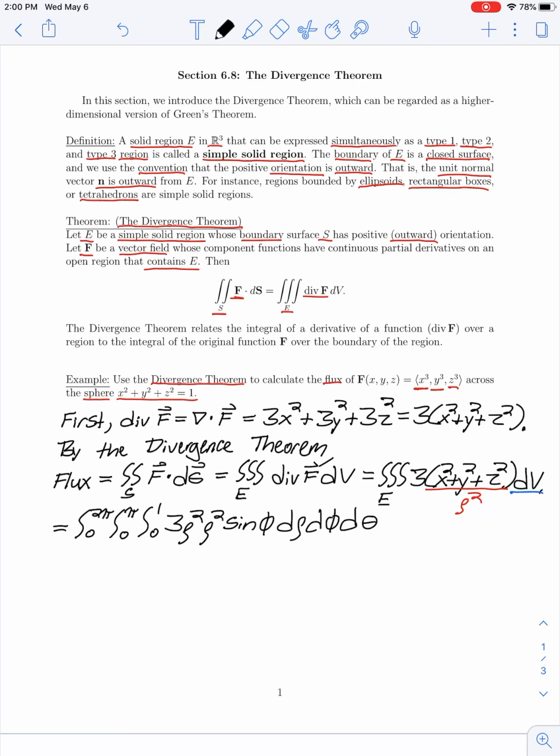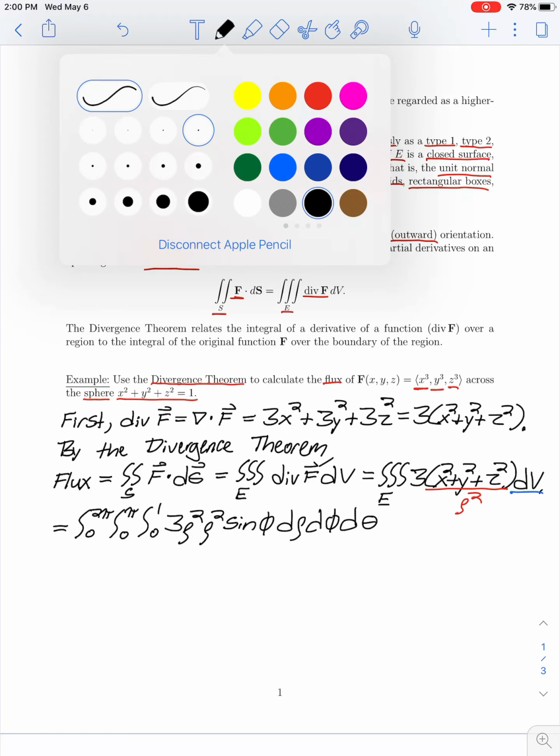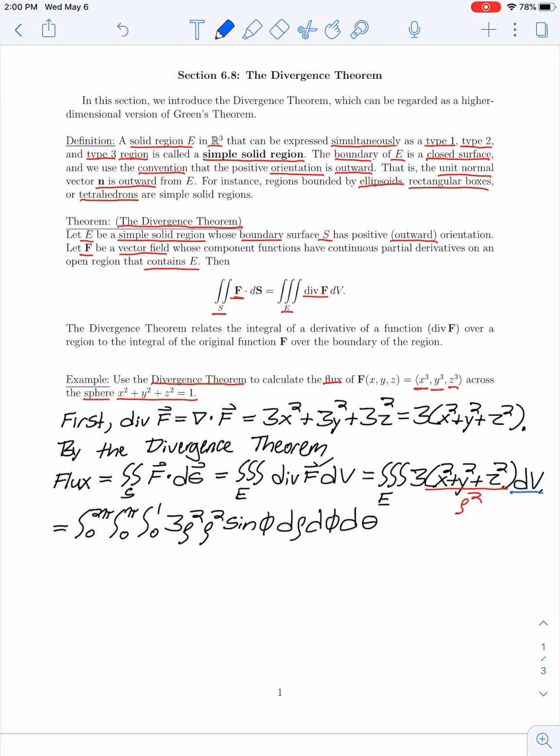Now, to begin with, we can use our shortcut in evaluating these iterated integrals. We notice that the inner two integrals all involve functions of rho or phi only, and the limits of integration are constant.